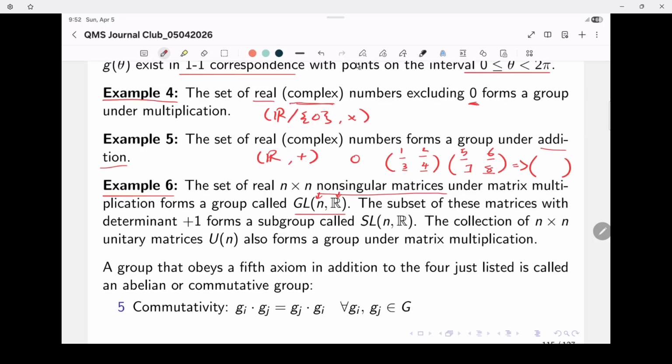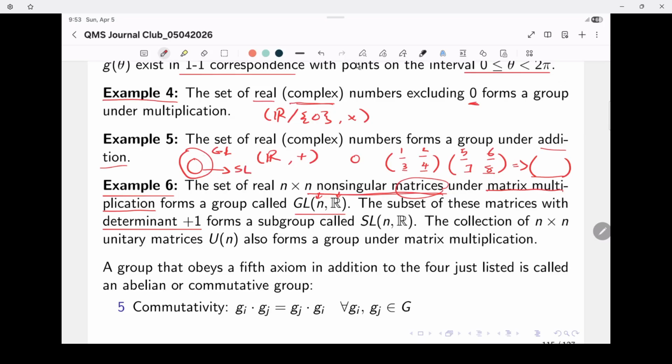The basic requirement is non-singular. It doesn't matter what kind of matrices you try to multiply, as long as your matrices are non-singular, you always get back a non-singular matrix. And your group operation is matrix multiplication. If you want to consider a subset of these matrices, you can consider matrices with determinant plus 1. They will form a subgroup, meaning that your GL is a bigger group, and then you have a smaller group called SL.